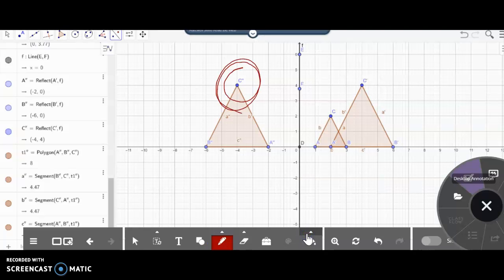Here is my new C. Okay, my new C. So then what you're going to do is you're going to give me that coordinate. That coordinate is -4, comma, 1, 2, 3, 4. -4, up 4. So that is my new C. Okay, so that'll be the answer.